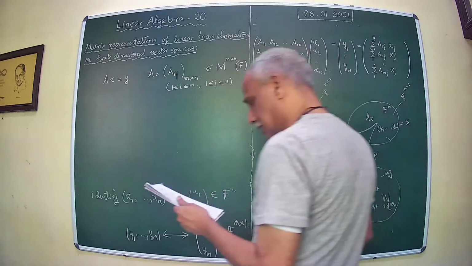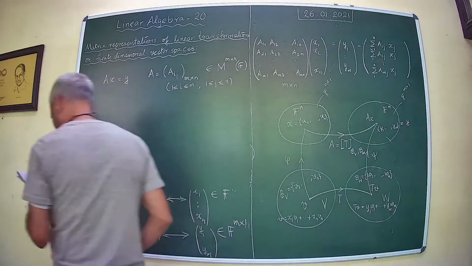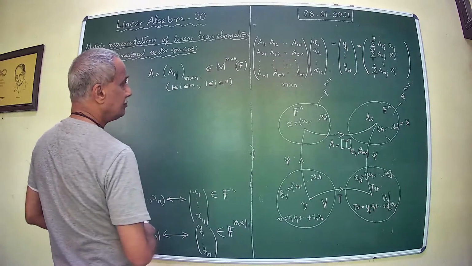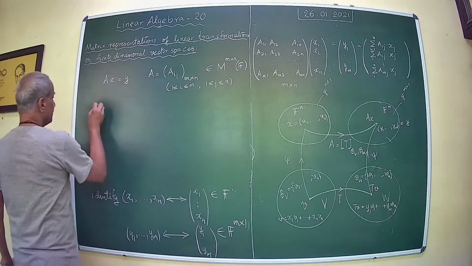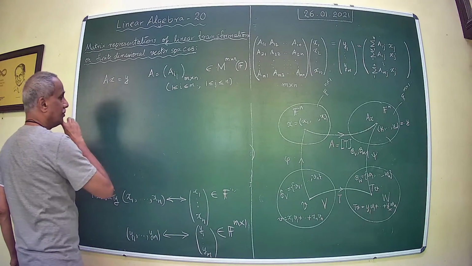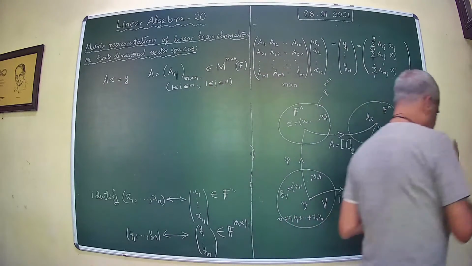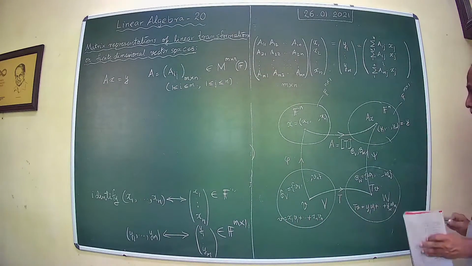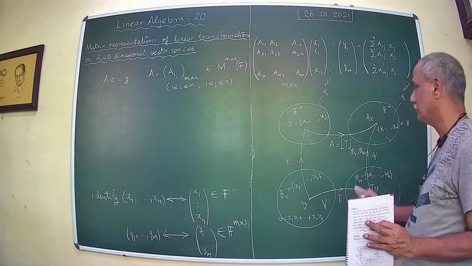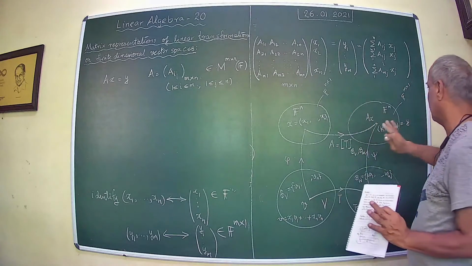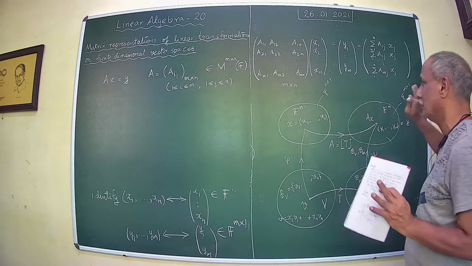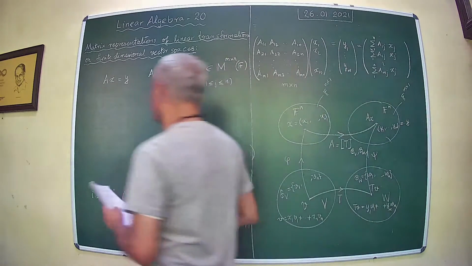Now the questions that you ask are, okay, now all m by n matrices represent linear transformations from F n cross 1 to F m cross 1. Therefore, this is a linear transformation.